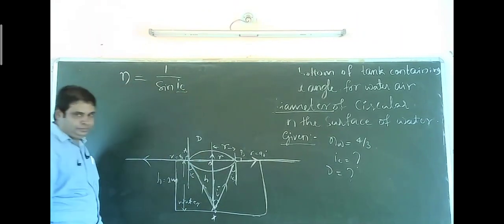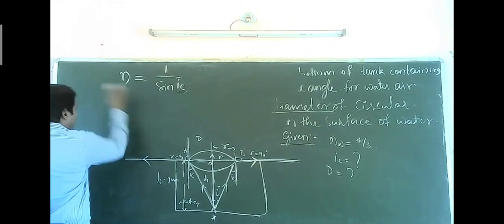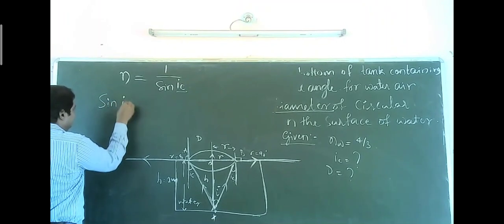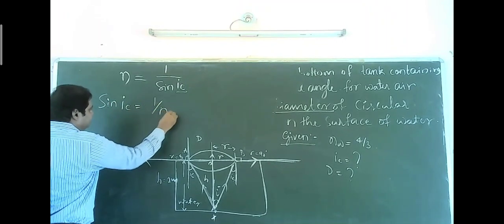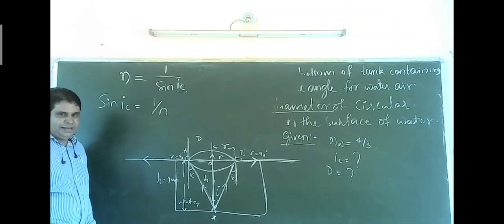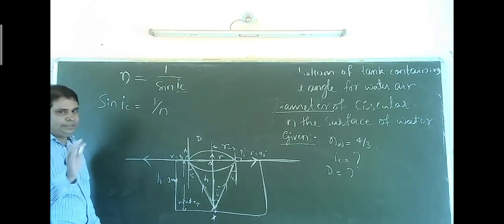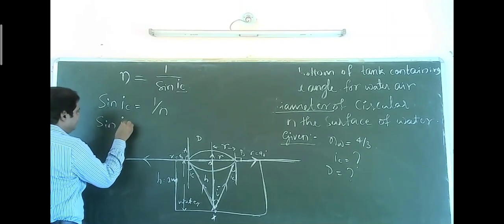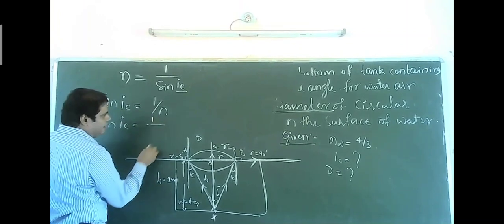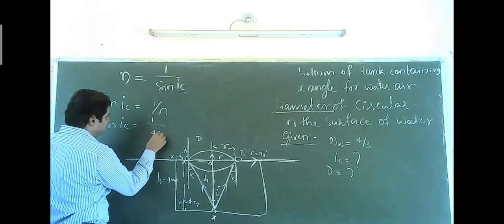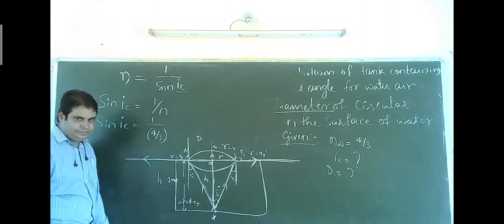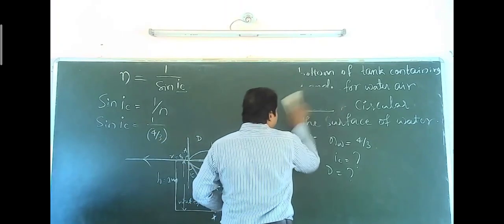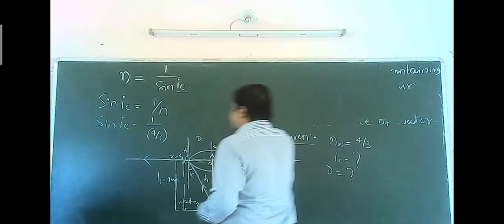This IC we don't know, but N is given. So I will cross multiply and write sin IC is equal to 1 by N. Easy problem, but you have to look at it very carefully. Sin IC is equal to 1 divided by 4 by 3, the refractive index of water.